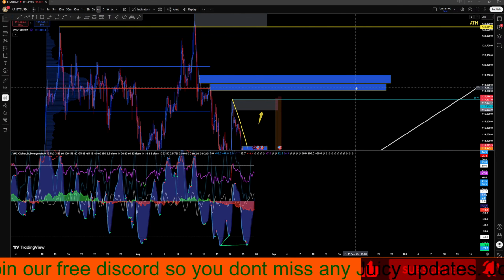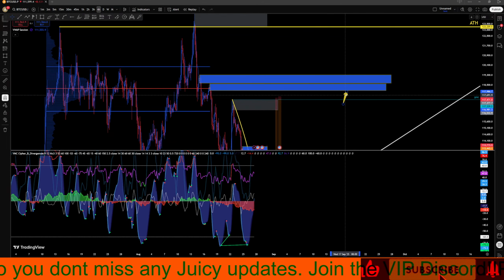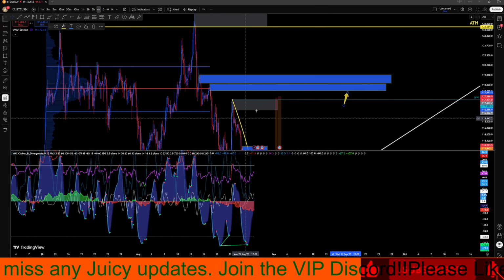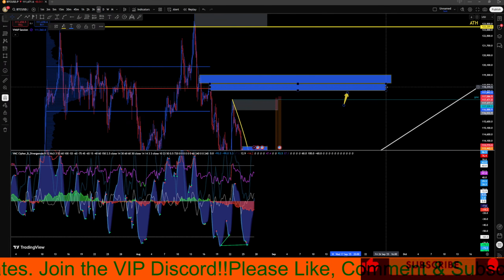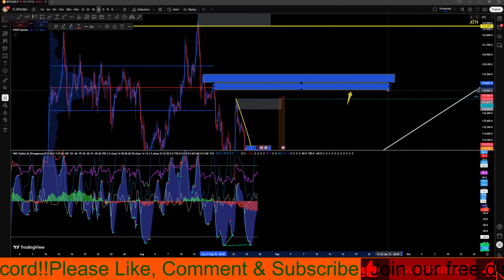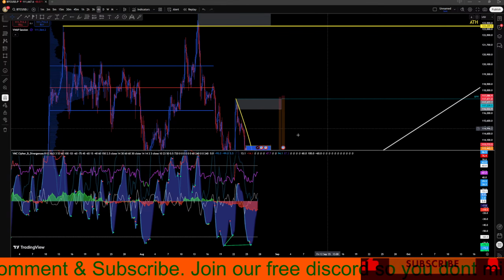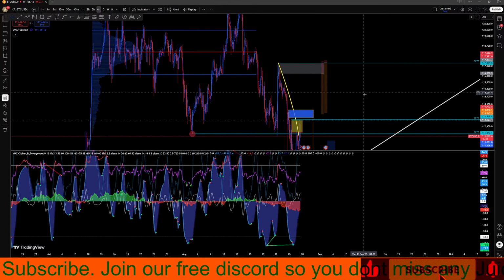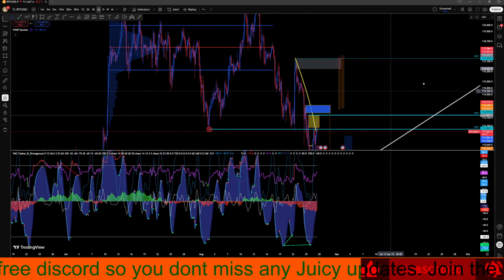So we could come into the zone 1 for TP1 or TP2, sorry. But most likely we may run up to this area of supply. So one out of these two areas I would be looking at if I were to take profit. Ideally, I'd be holding in the event that we push higher.